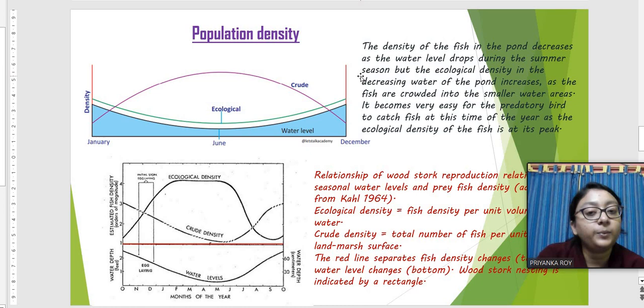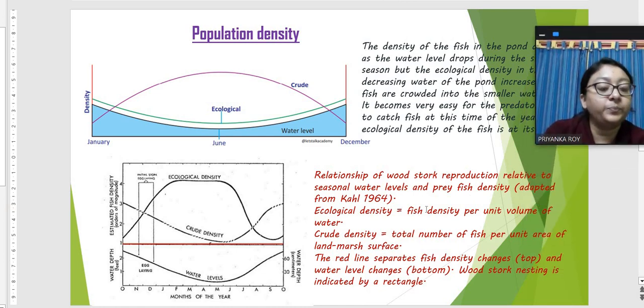So this is the reason why there was a study which showed that the wood stork, a fish-eating bird, preys on the fish during the summer months. Mostly they start to lay eggs before the summer, in this rectangle part, which shows that it is laying eggs in this time zone. Why?